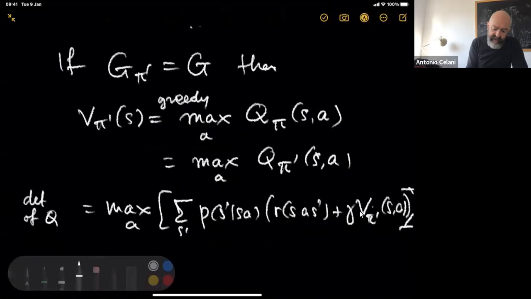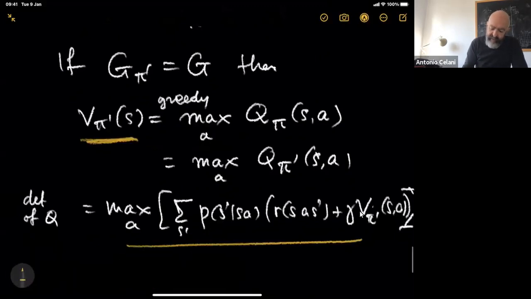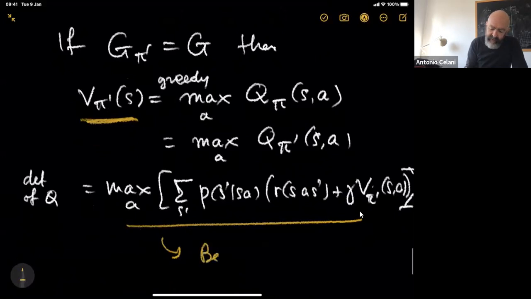And now if you look at this object here, this equal to this is just the Bellman's equation.